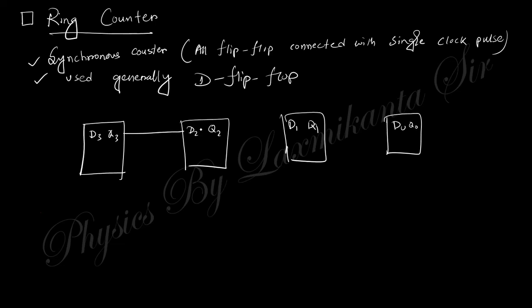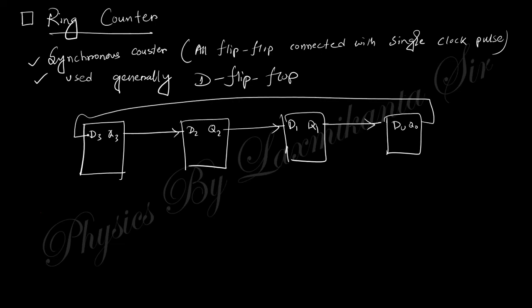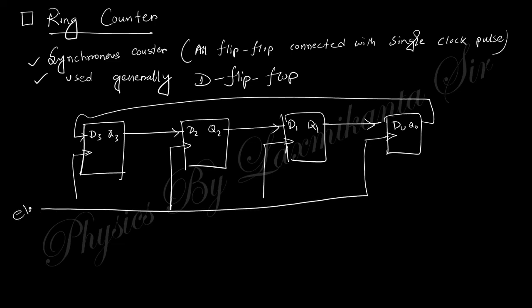Here Q3 is connected to D2, D2 to D1, and this D0 is connected here. And all the clock pulses are connected with a single clock. This is the clock. Okay, so this is the basic of the ring counter. They are synchronous, all the clocks are connected to the same clock, and it makes a ring. That's why this is called a ring counter.